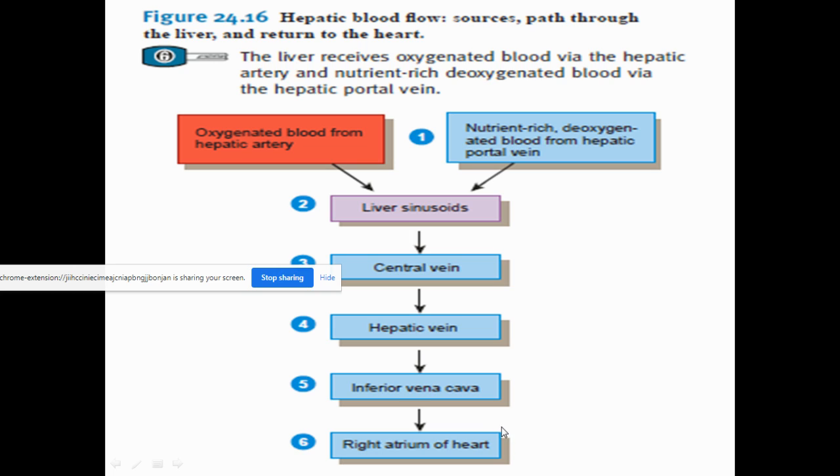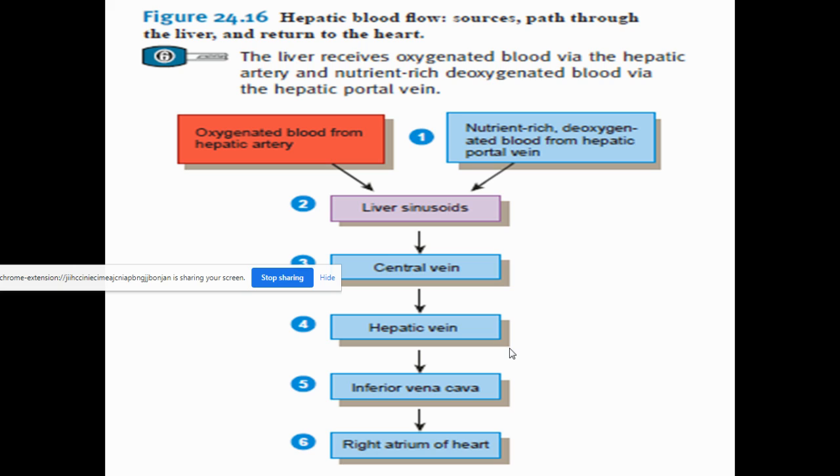The liver receives blood from the digestive tract. So this is the organ most affected by the nutrients or toxins which are present in the food.